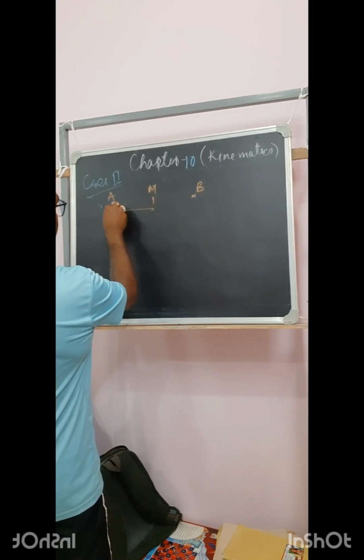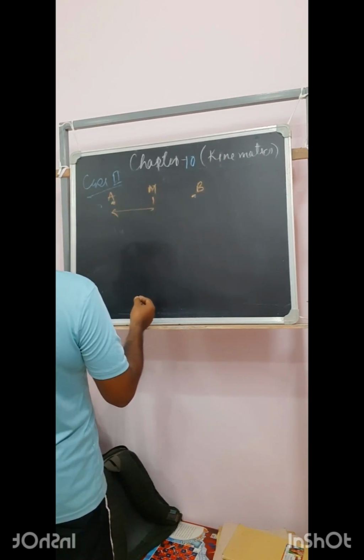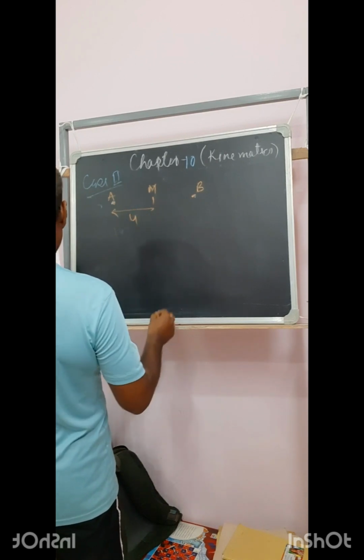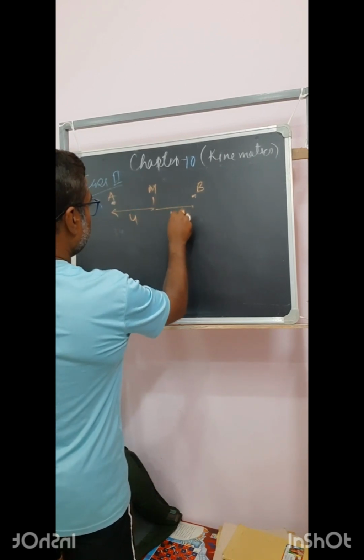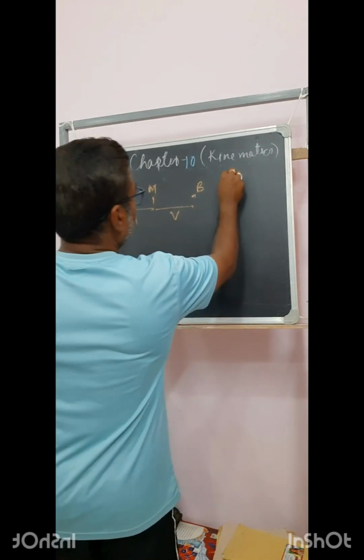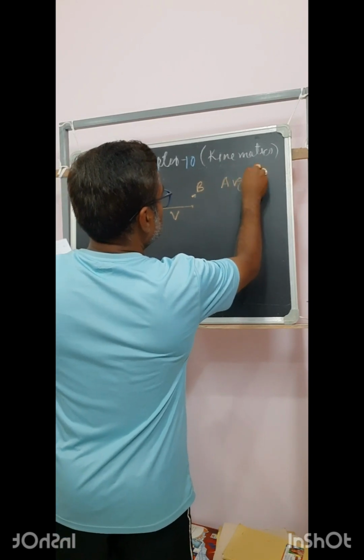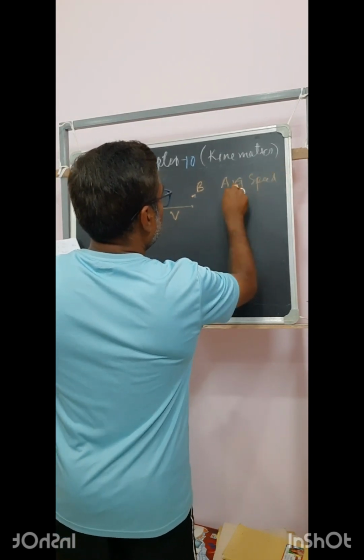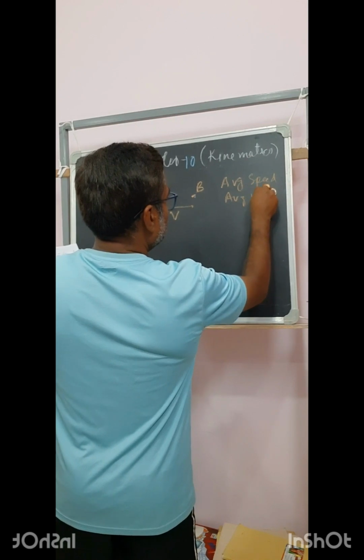Up to the middle of the path it has moved with a velocity u, and the other half of the path with the velocity v. So in this case, what will be the average speed and average velocity? Okay.